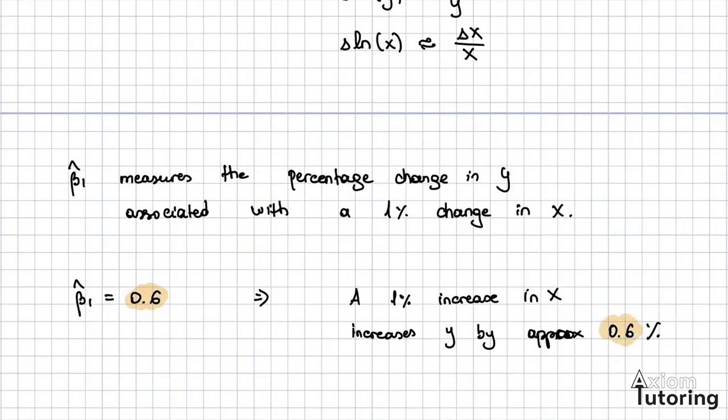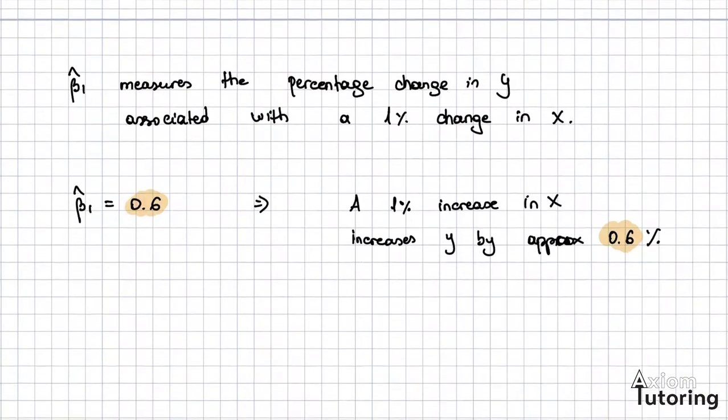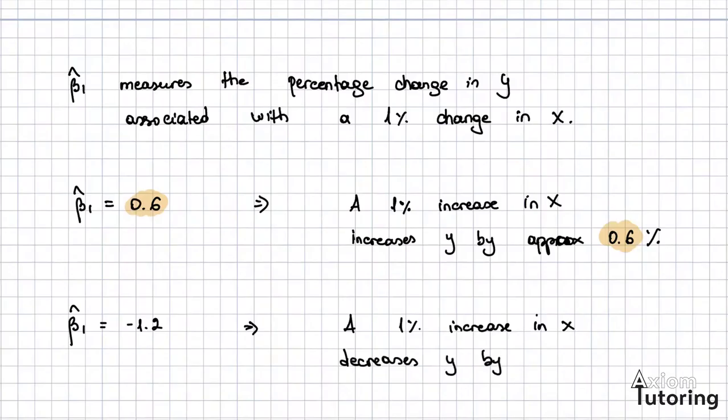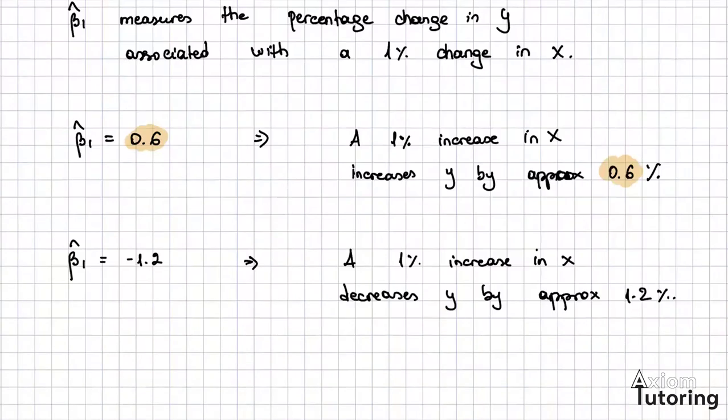Now suppose that beta 1 hat is actually equal to minus 1.2. The interpretation to this will be that a 1% increase in x is associated with a decrease in y by approximately 1.2%.